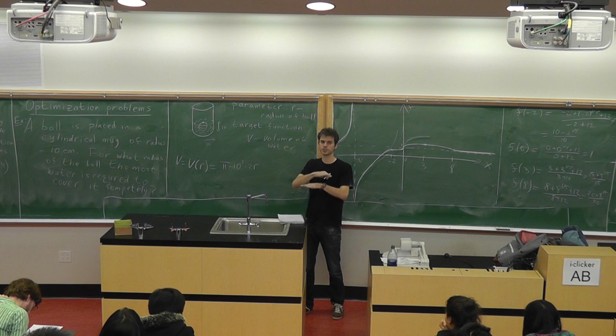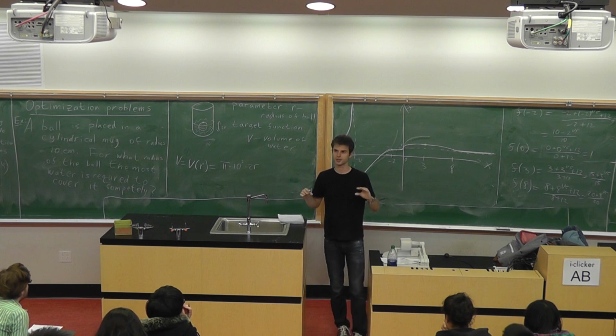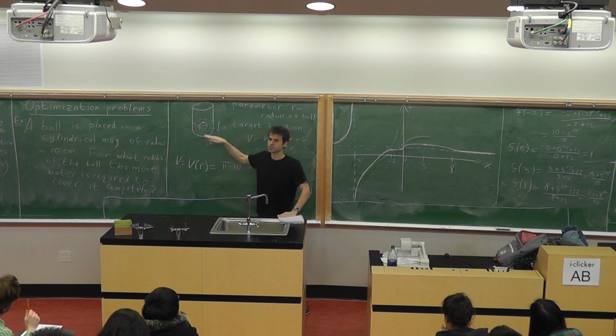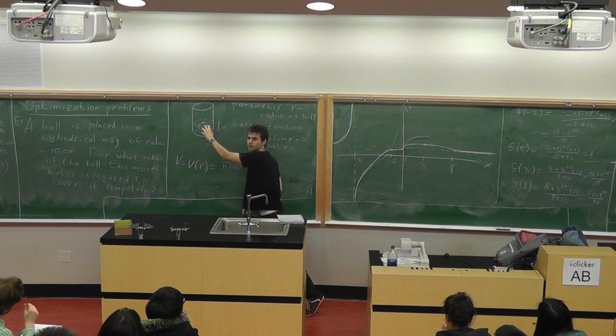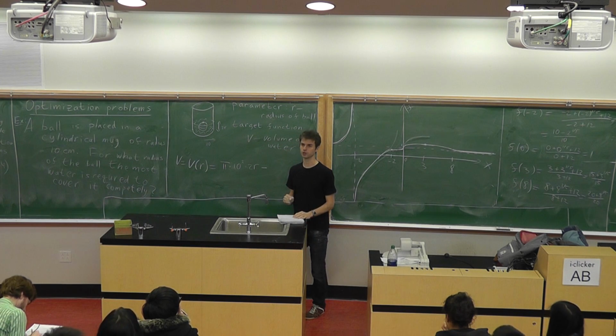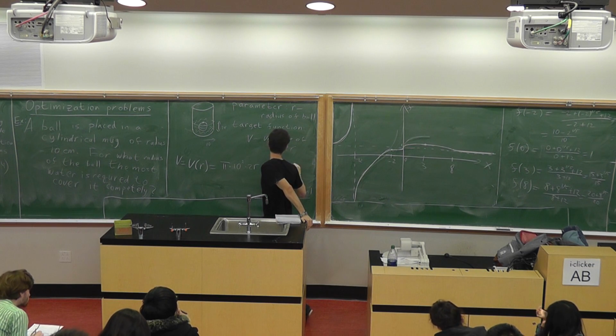Okay, but that's the volume of the cylinder. That's not the volume of the water. What is the volume of the water? Well, the water fills the whole cylinder except the ball itself. So we should subtract the volume of the ball, which is quite easy. It's just 1/3 pi r cubed.